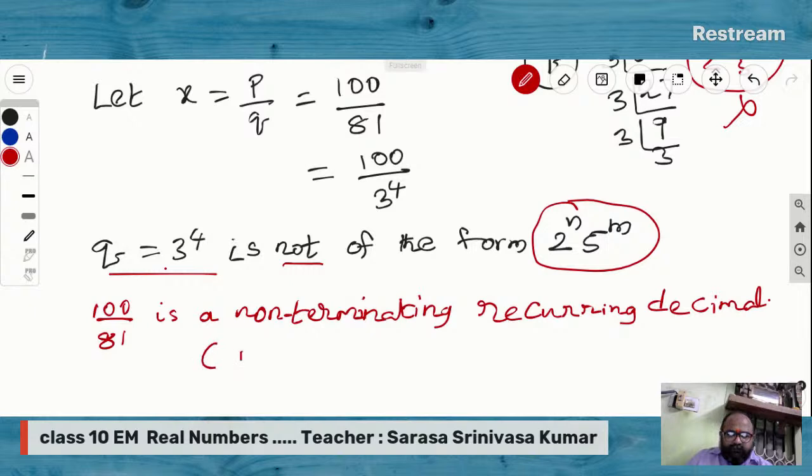So this statement is given by theorem 1.5. Students must write the statement of theorem 1.5 here.